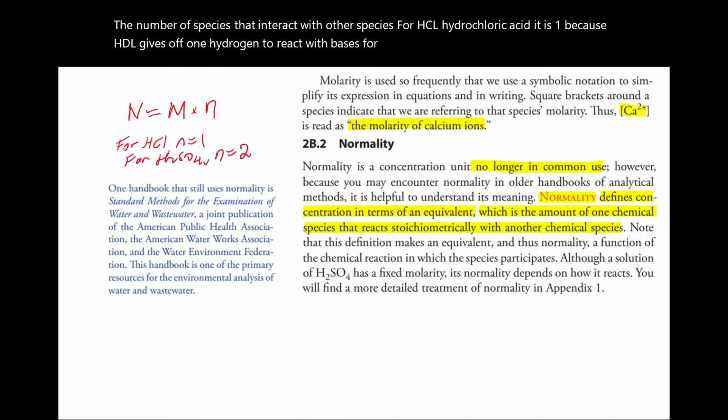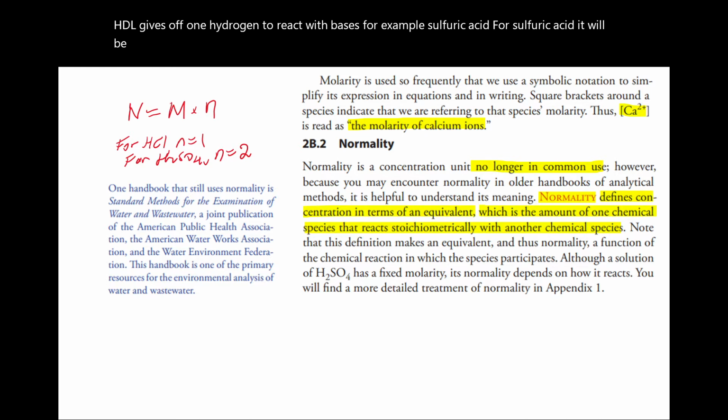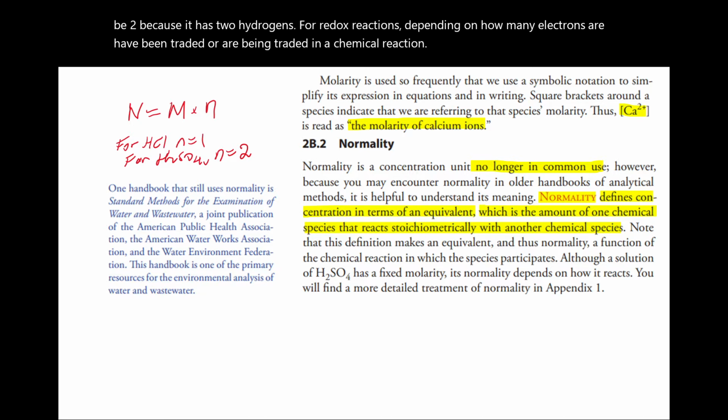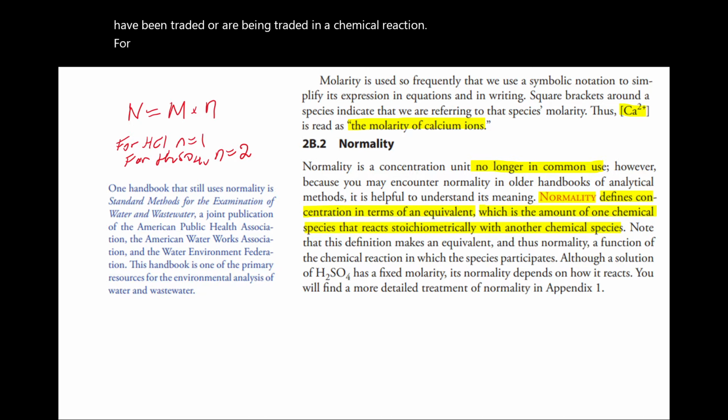For sulfuric acid, it will be 2 because it has 2 hydrogens. For redox reactions, it depends on how many electrons are being traded in a chemical reaction. So for HCl, for example, the normality and molarity would be the same. For sulfuric acid, the normality would be double the molar concentration.